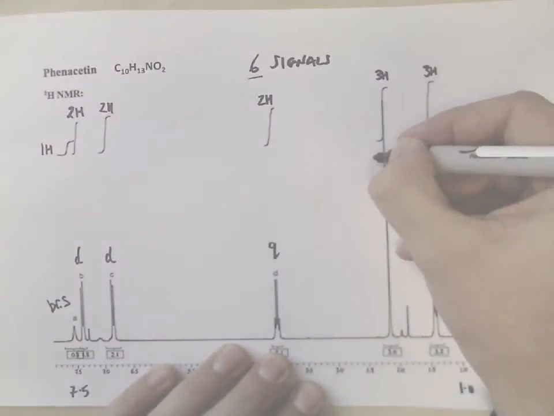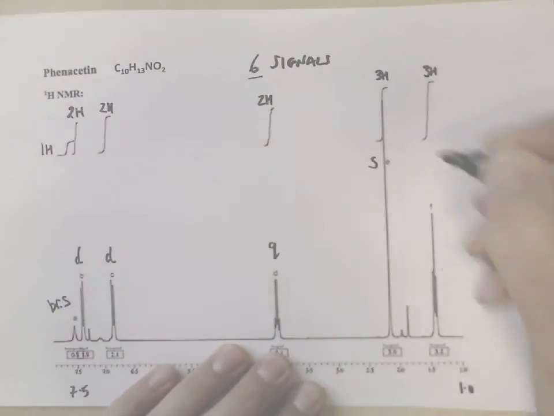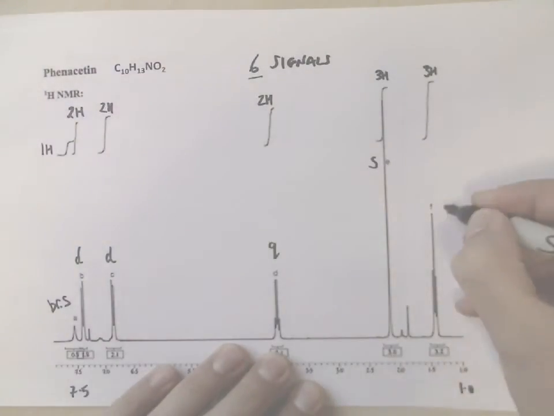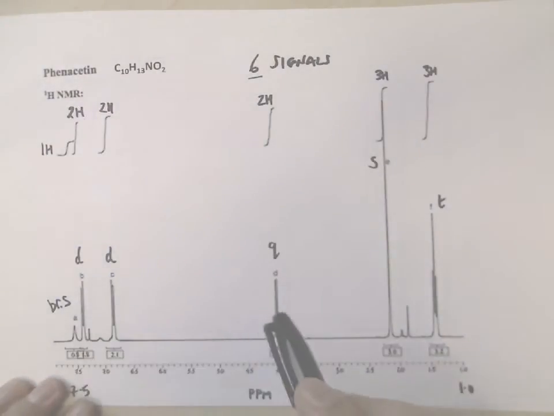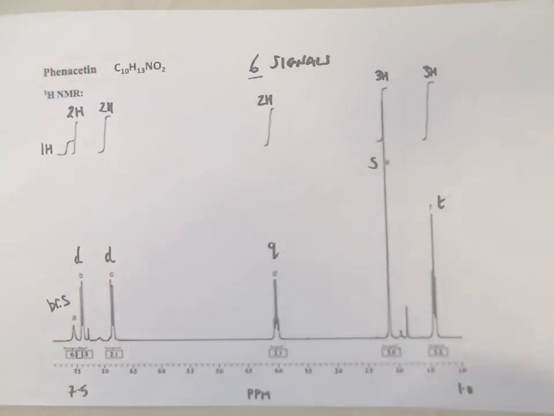This peak E is a singlet, and this peak here is a triplet. So these splittings tell us about what's happening on the neighbouring carbon. Remember, the splitting comes from the n+1 rule, and so it tells us what's happening to the neighbours.